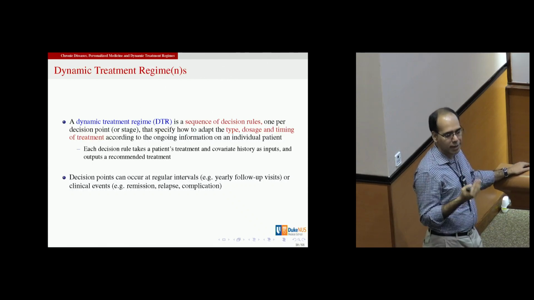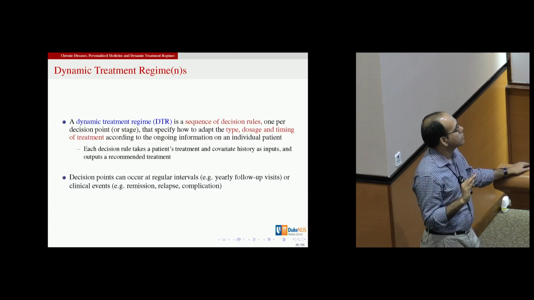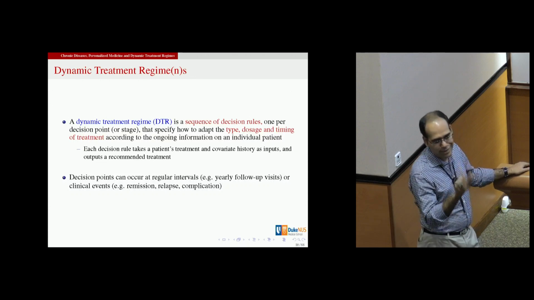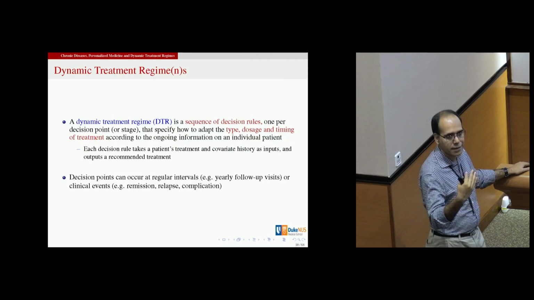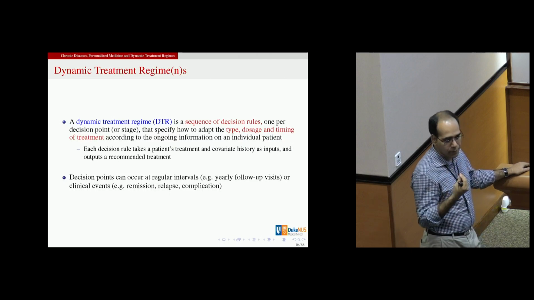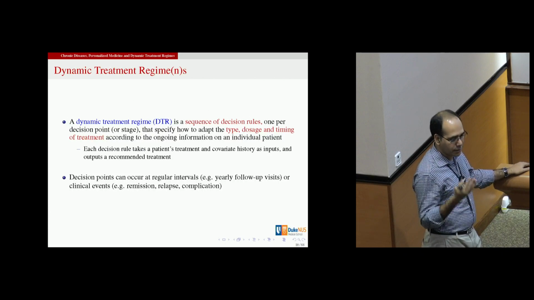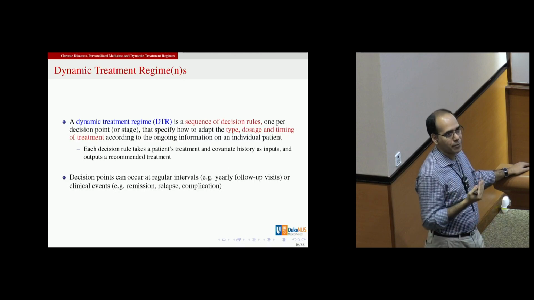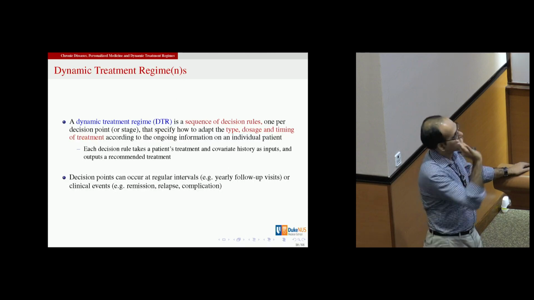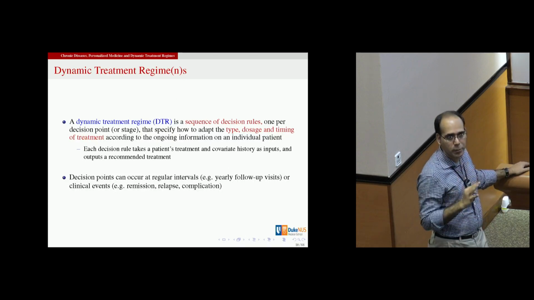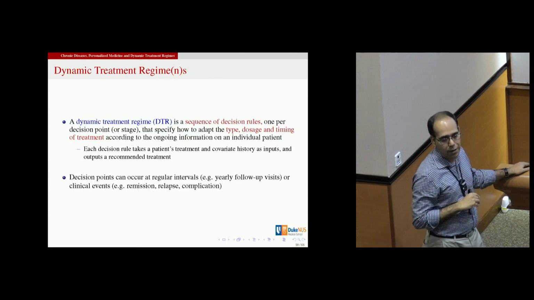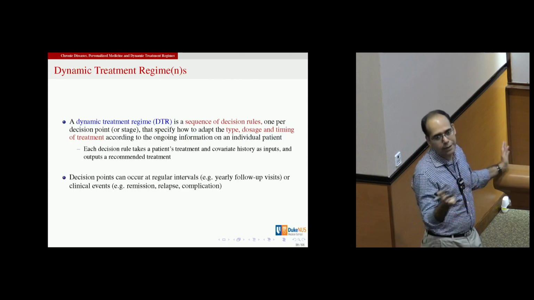Some regimes might specify just the type of treatment, A versus B versus C versus D. Some might focus on how to tailor the dosage of a treatment. Sometimes it might be what dose and at what time. So not all of those components have to be present in a particular DTR, but in general, they can be.